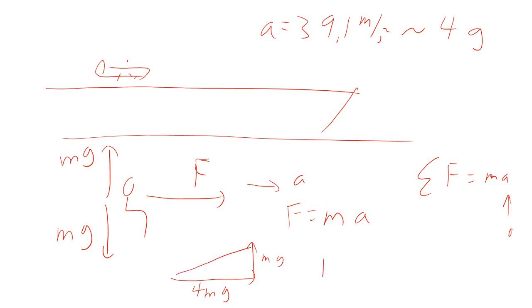So that means the total force on the aviator is the square root of (4 mg) squared plus (mg) squared. So the total force is going to be actually a little bit more than that. The total force is going to be equal to 4.1 mg. Okay.